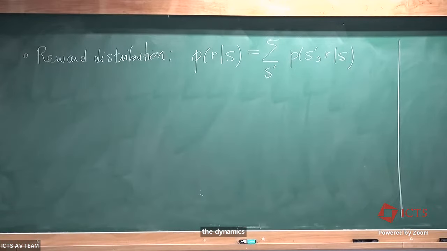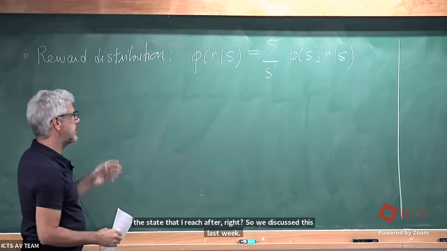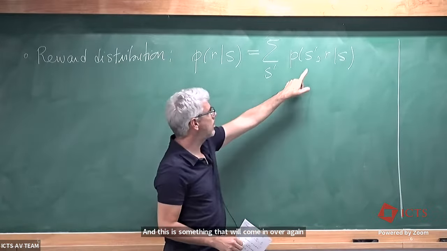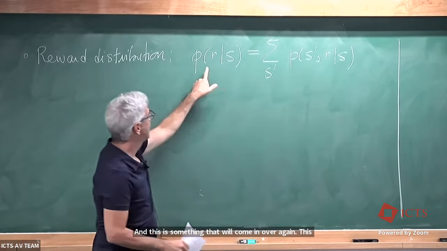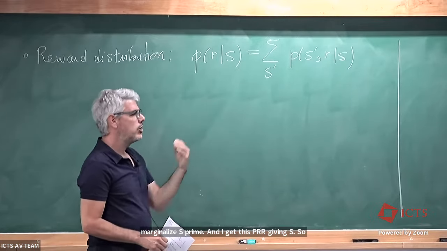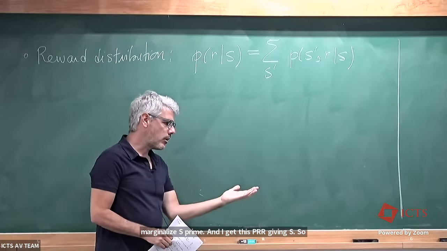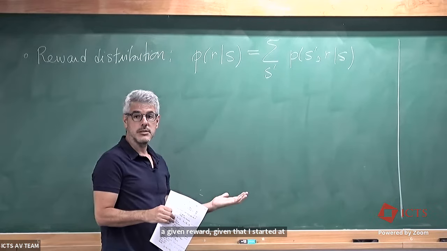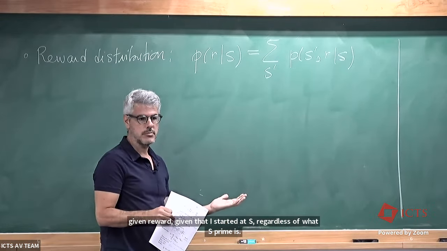We discussed this last week. I can always marginalize joints, and this is something that will come up over and over again. This is the full model. Out of the full model, I can marginalize S prime, and I get this P of R given S. So this will be the probability that I get a given reward, given that I started at S, regardless of what S prime is. So I trace out S prime.